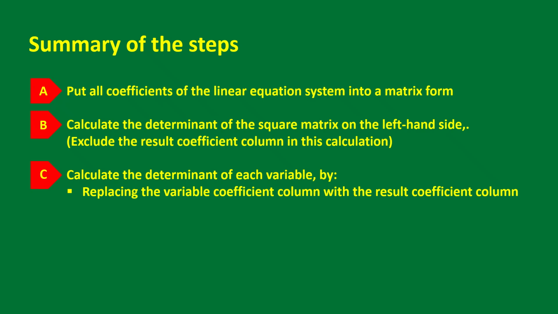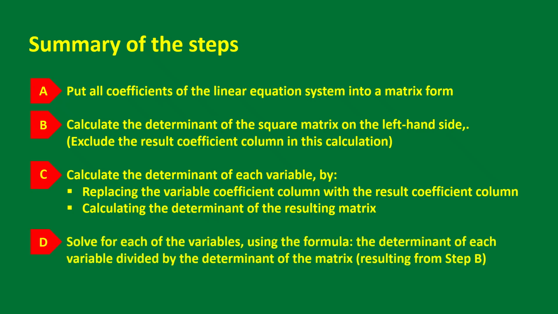First, replace the variable coefficient column with the result coefficient column. And then calculate the determinant of the resulting square matrix. Then solve for each of the variables using the formula, which is defined as the determinant of each variable divided by the determinant of the entire linear equation system.